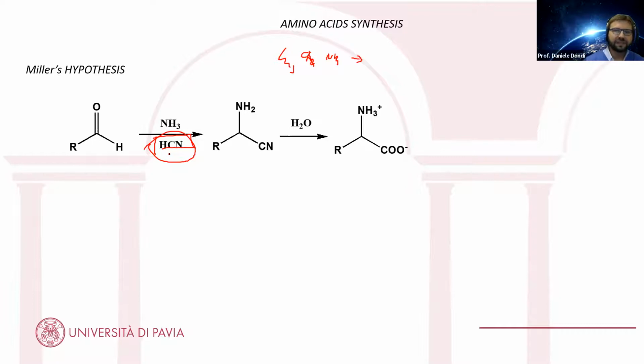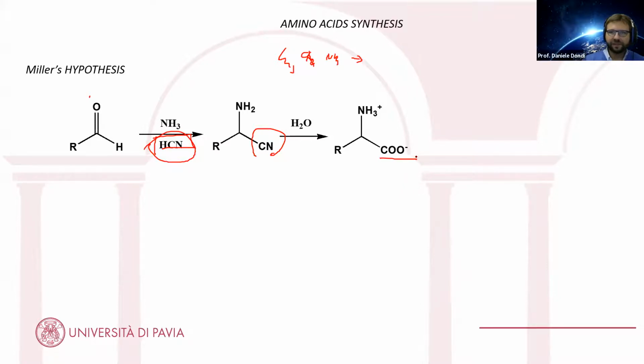It's a compound that can be randomly produced by high energy deposited on simple carbon and nitrogen material. The formation of this is quite reactive with the carbonyls, so it produces some compounds that can be transformed into amino acids.